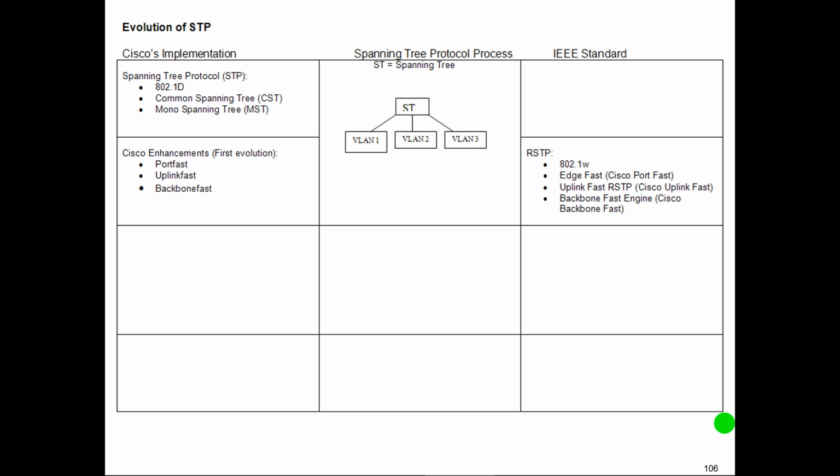Our rapid spanning tree, also known as 802.1W, was the edge fast, the Cisco PortFast, UplinkFast for RSTP, which is Cisco UplinkFast, our BackboneFast engine, also known as Cisco BackboneFast.